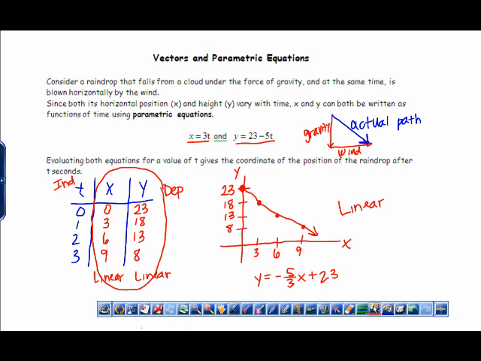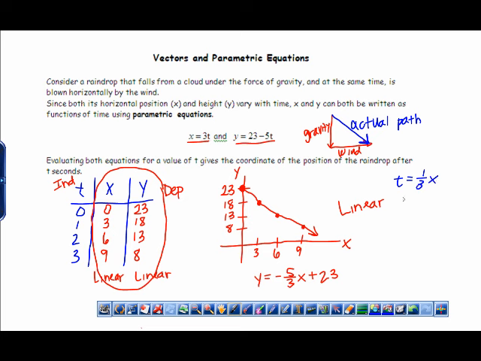All right, another way that we could have done this, and this is kind of getting ahead of myself at this example, but we're going to get into it later, is if you were to solve for t here. I'm going to do this over here. What would t be in terms of x? It would be 1/3 x.